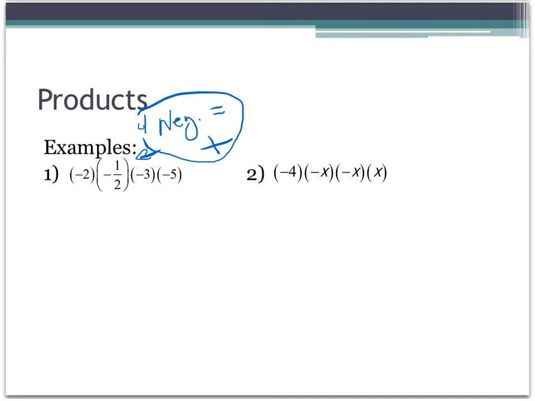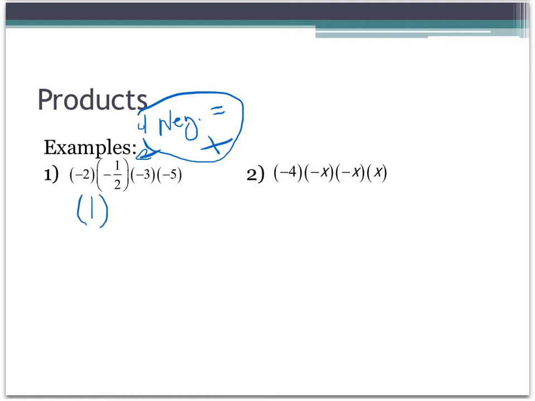So now I can just take a look at multiplying these numbers out. I'm going to multiply negative 2 times a half, negative a half, times negative 3 times negative 5. Right now I'm really not interested in the sign because I know that in the end my answer is going to be positive. So simply all I need to do is deal with the digits. So 2 times a half. Well, a half of 2 is 1.